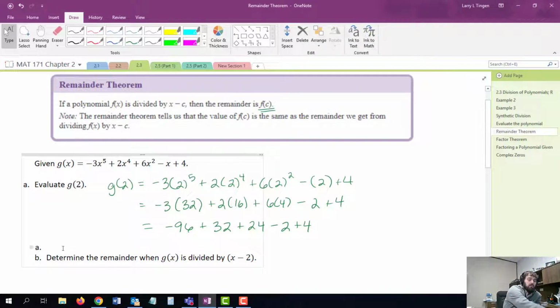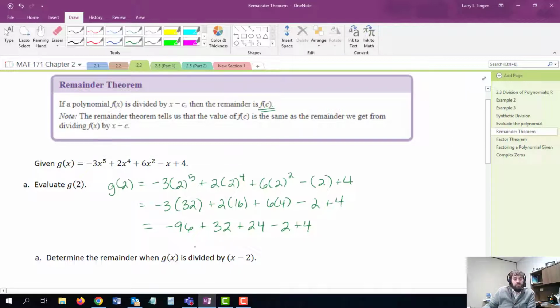this comes out to, when I plug it into the calculator, -38. So g at 2 is -38. All right.